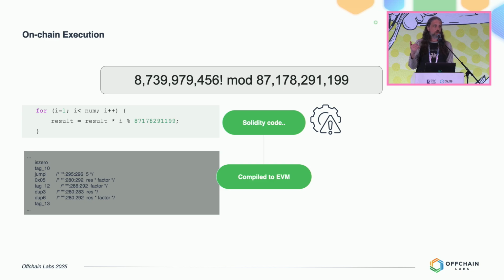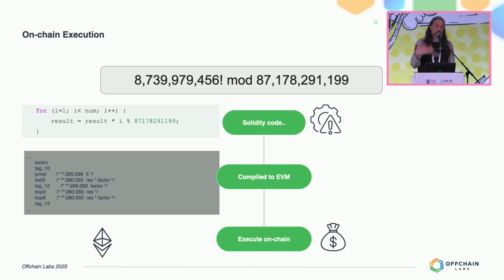So instead of Go code, I will write Solidity code. This is already a little bit problematic because Solidity has a few constraints. A few things are harder there. And I will compile it to EVM. EVM is the assembly used on Ethereum. And then I will execute it on chain.